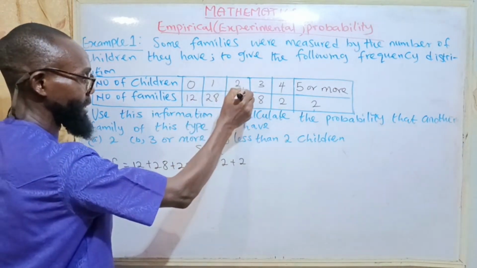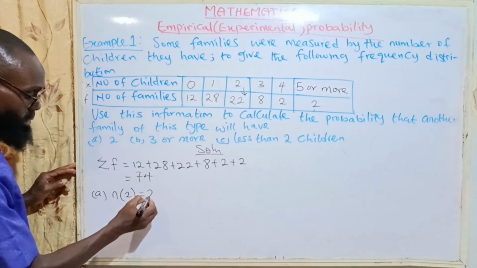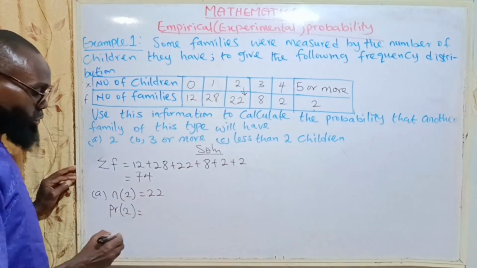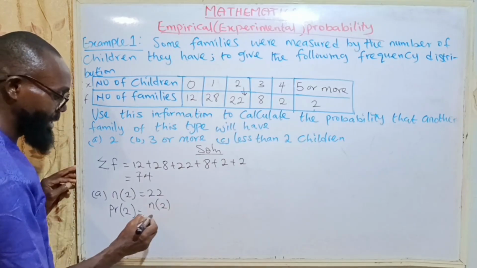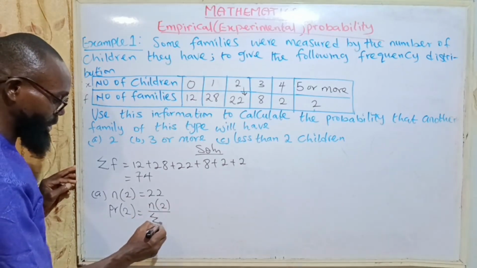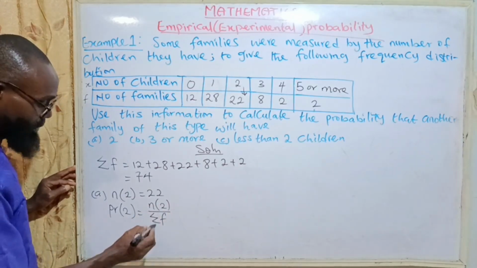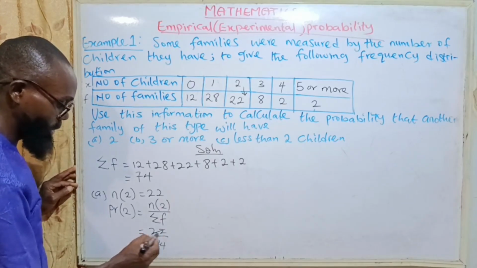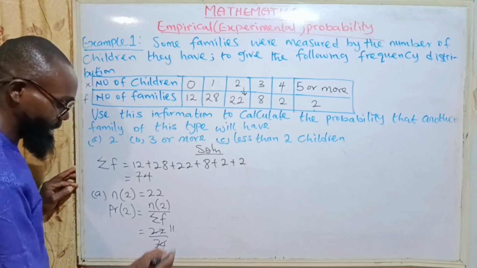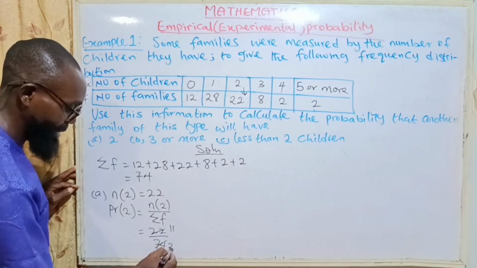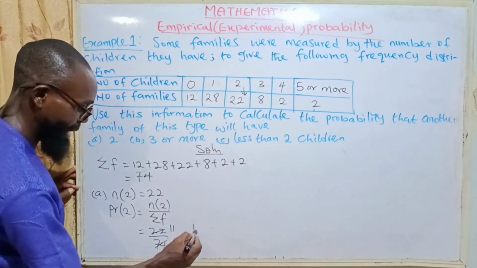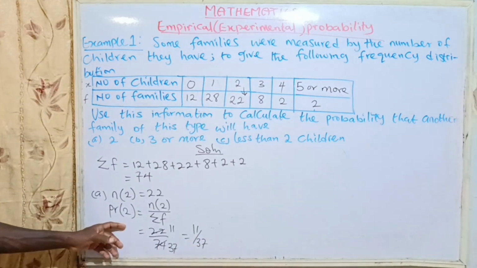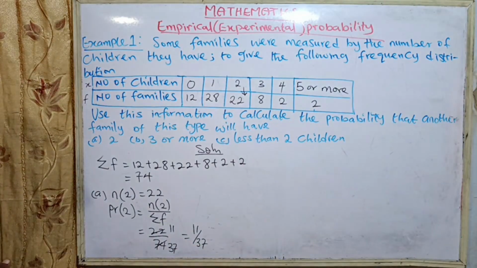We have 22. The probability of 2 children equals the number of 2 children divided by summation of F, which gives 22 divided by 74. 2 goes here, we have 11. 2 goes here, we have 37. So our answer is 11/37.